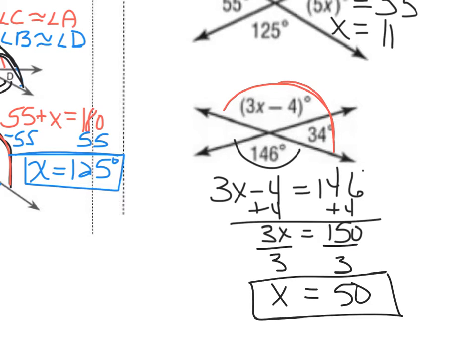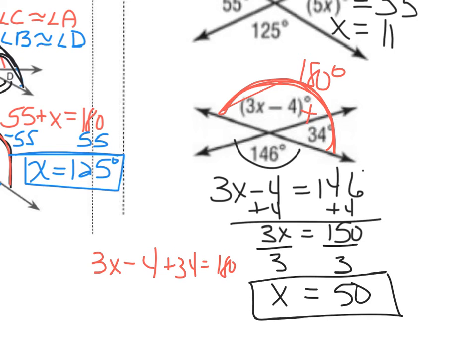Okay, so remember I told you that there are supplementary angles when two lines intersect or cross? So when you do this, this is supplementary, so that means when you add those, it has to equal 180 degrees. So you could do it that way too to find x, and you should get the same thing. So 3x minus 4 plus 34 equals 180.